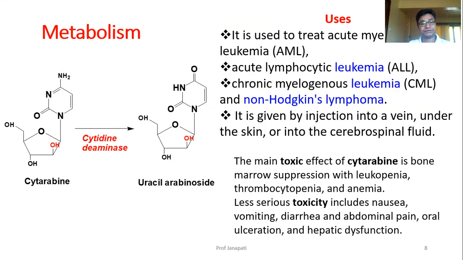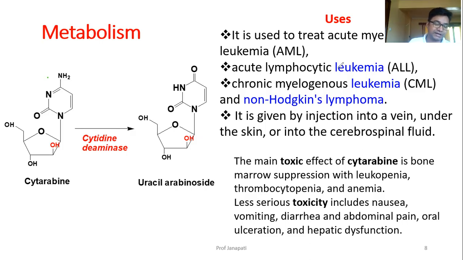So this is the metabolism of cytarabine. In the body, by deamination, it is converted into the uracil form. These drugs are mainly used in leukemia.